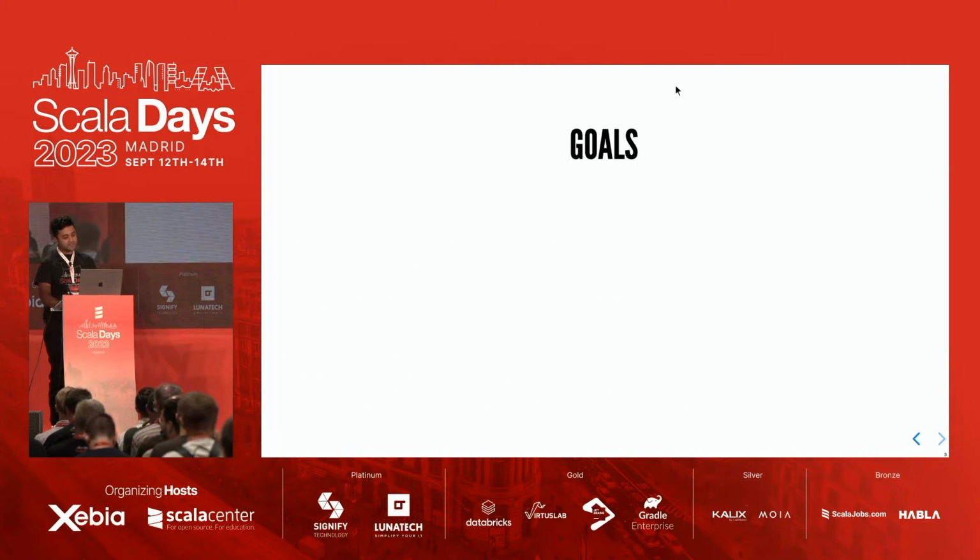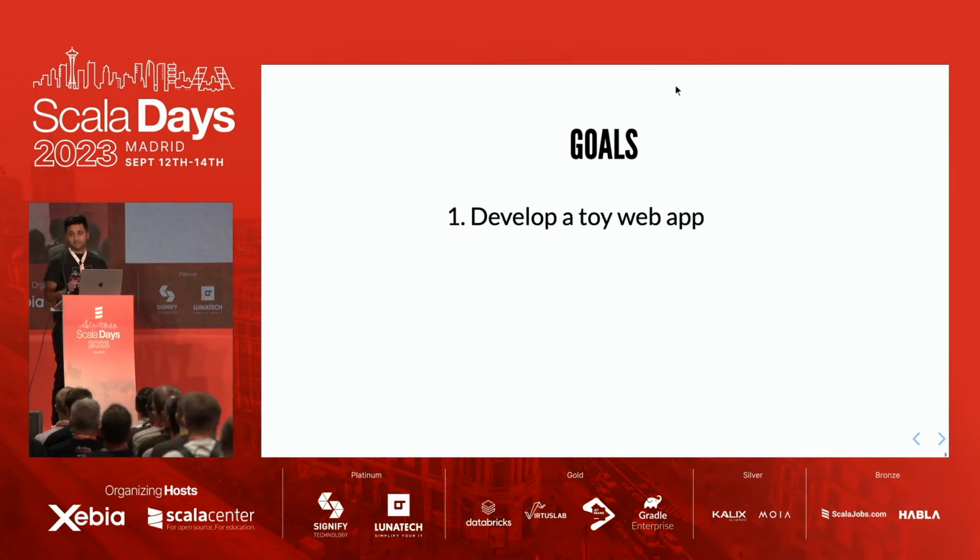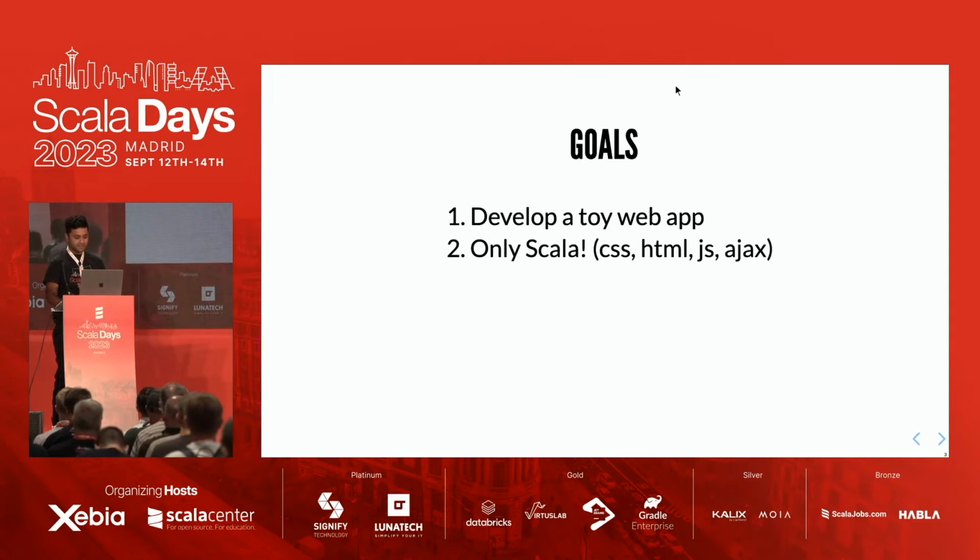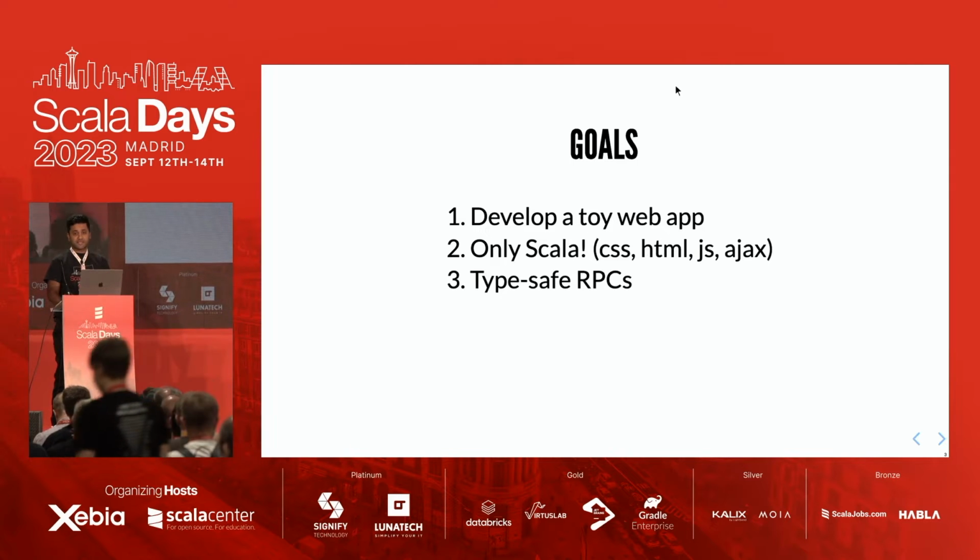Okay, so the goals for this talk. First, we will develop a toy web application. We'll write only Scala. So your CSS, your HTML, your JavaScript, your AJAX, obviously your backend. We'll write only Scala, just for fun. We'll have type-safe RPCs.